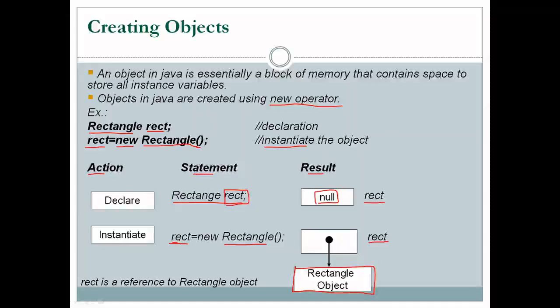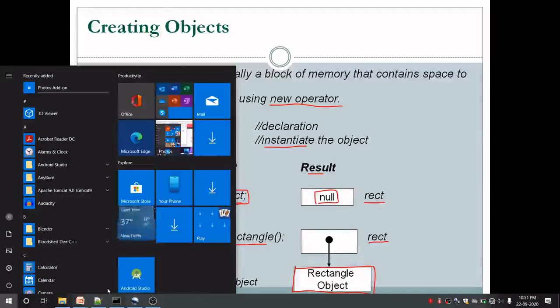So let's see this with an example. We have already created one class. In the last session we have seen how a class is created. Let's create an object for that particular class. Okay, so let me open Notepad++.